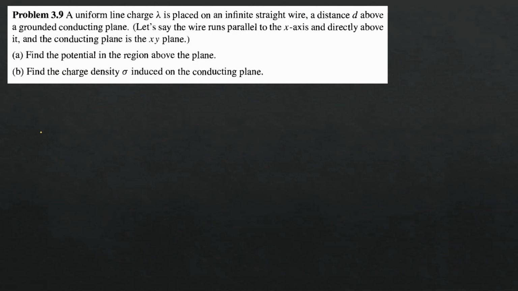Uniform line charge lambda is placed on an infinite straight wire, distance d above a grounded conducting plane. Let's say the wire runs parallel to the x-axis directly above it, and the conducting plane is the xy plane. Find the potential in the region above the plane. Find the charge density sigma induced on the conducting plane.